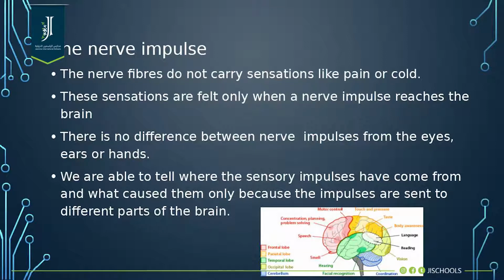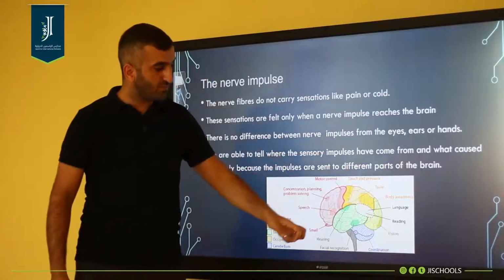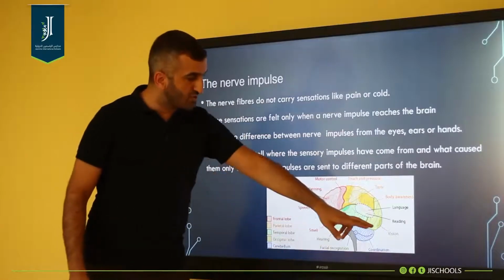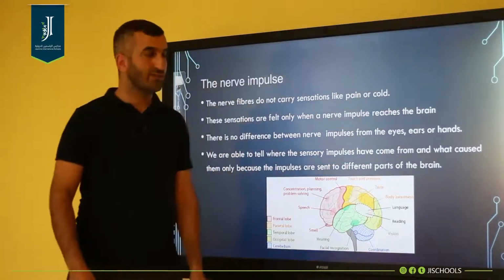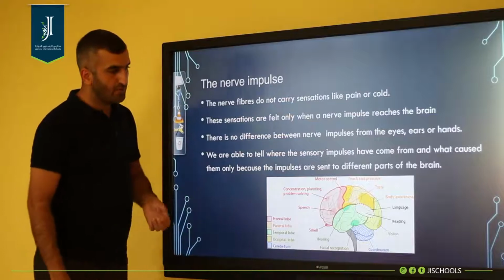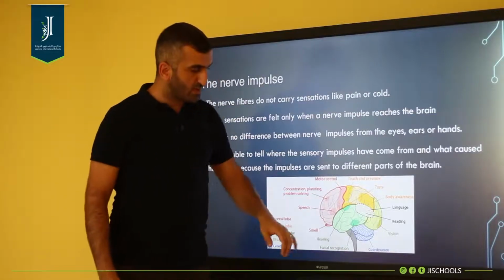So how do we know that this is, let's say, a vision, and this is a smell, and this is a taste? It's because they are distributed, or they are being coordinated in different centers in the brain. Could be a center for vision, could be a center for taste, could be a center for touch and pressure, and so on. Different centers can give us different information about where these are being coordinated.